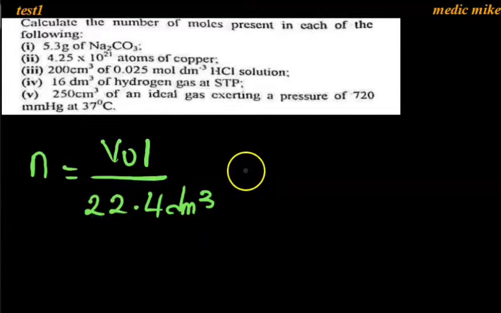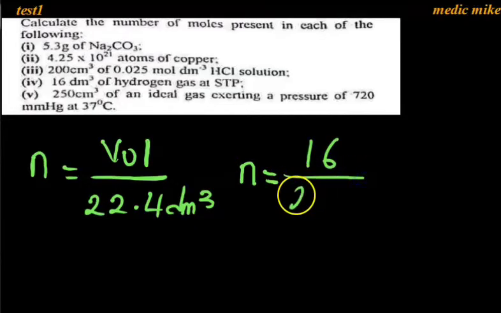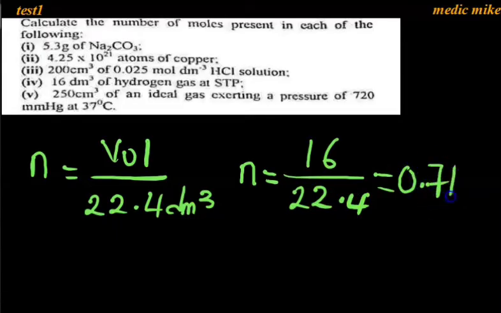Our volume here must always be in dm cube. Remember, if you were given your volume in cm cube, you convert just as we did in our previous question. Here the volume is in dm cube, so there's no need to convert. So here we'll have 16 over 22.4, and at the end we'll arrive at an answer which is 0.71 mole.